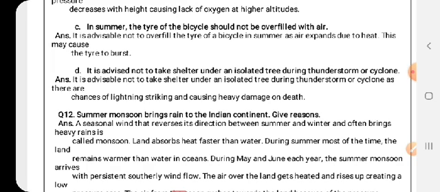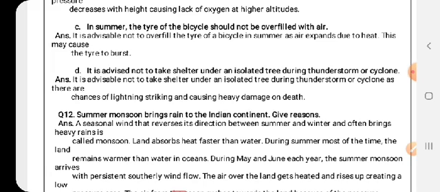We should not fill the tires of the bicycle to its maximum limit, because during summer the air inside the tires gets expanded. We know that gases expand on heating, so it expands and applies force on the walls of the tire tube, and it may also lead to exploding of the tire.